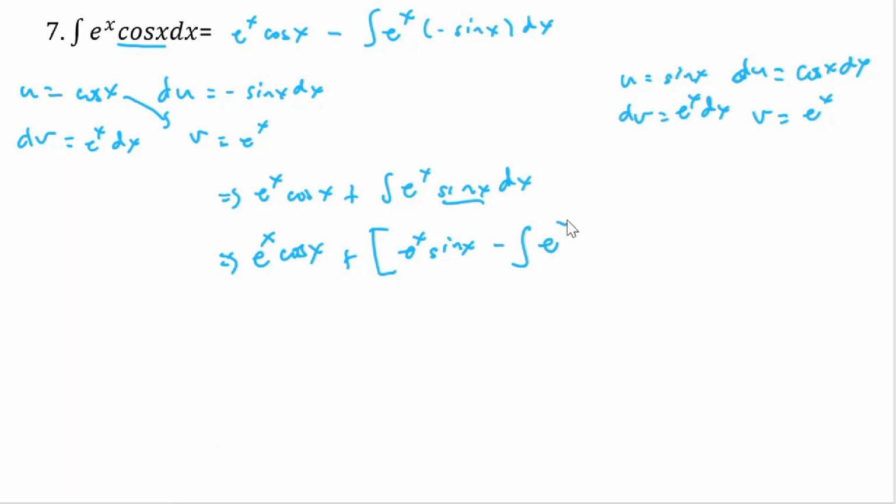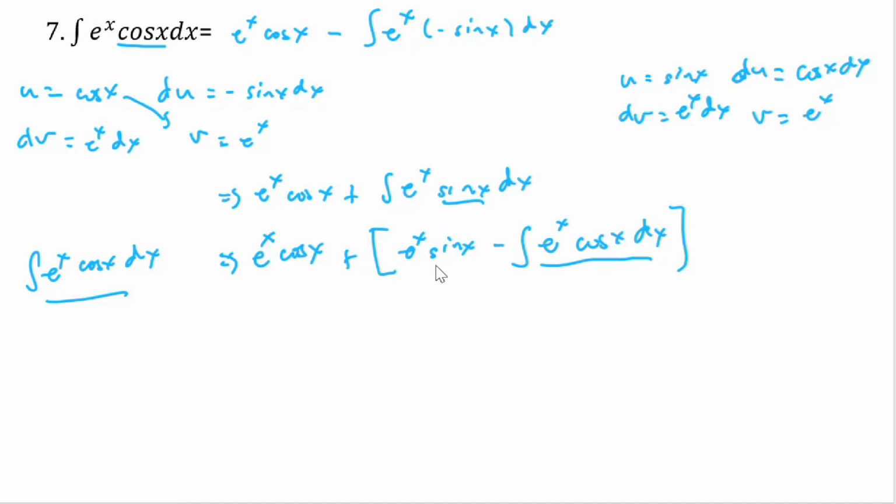We have e raised to x, and the du now is cosine x dx. So I will rewrite the original given on the left side. We have the integral of e raised to x cosine x dx. As you can see, the integral of e raised to x cosine x dx on the left side is exactly the same as on the right side.